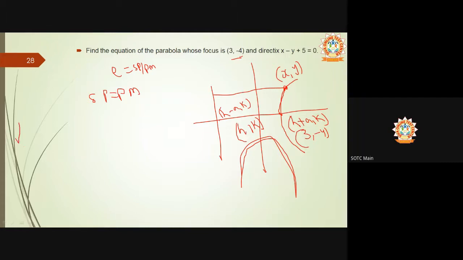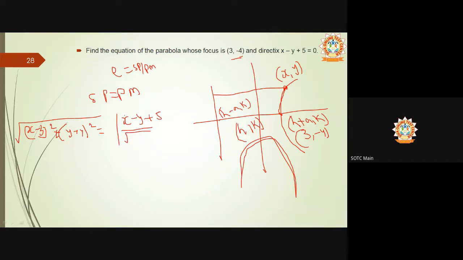So what will become? Under root x minus 3, that is x2 minus x1, whole square plus y minus y2 or y1, that is y minus of minus 4, it will become plus 4 whole square, equal to PM. PM is the perpendicular distance, so that is the mod of x minus y plus 5, the directrix equation, by under root a square plus b square.